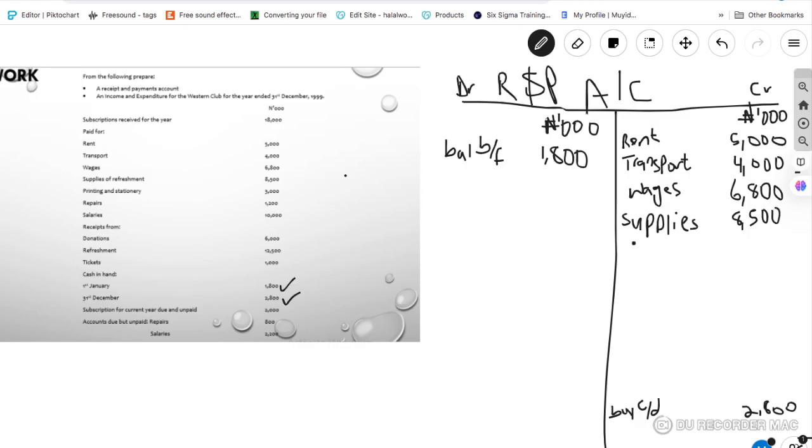We also have printing. So printing is 3 million.